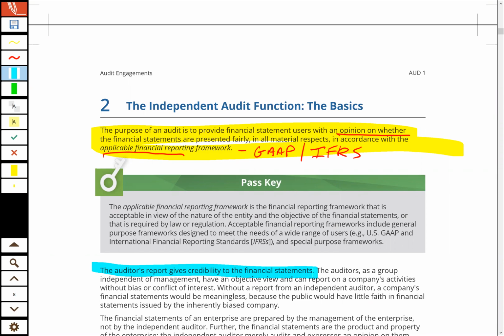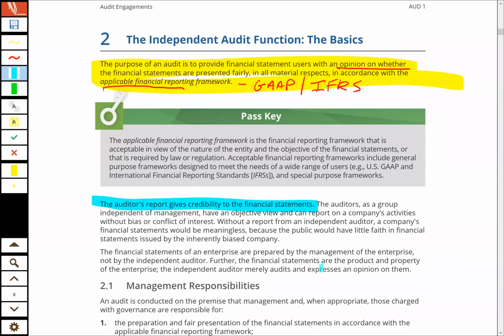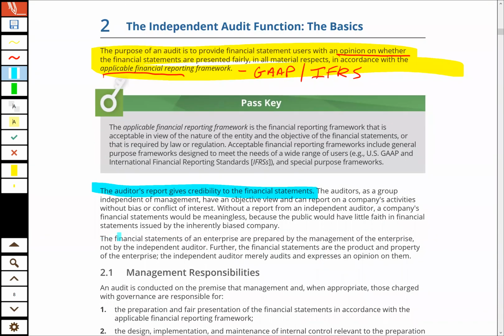And that opinion from the auditor, because we're going to be independent, is going to add credibility to those financial statements. The financial statements are prepared by management, not by the auditor. The auditor simply adds credibility by doing the various tasks that we're going to talk about, and then issuing that opinion as the independent auditor.